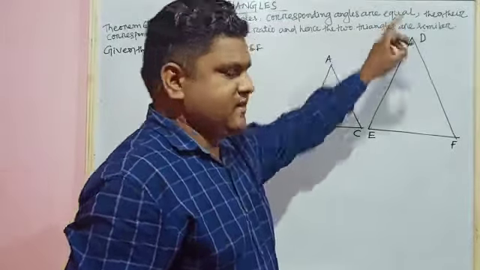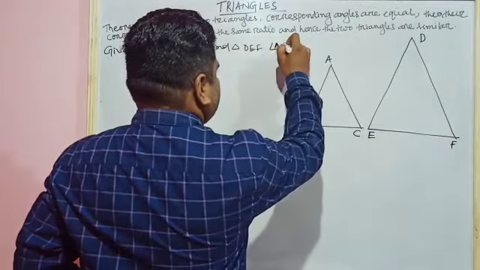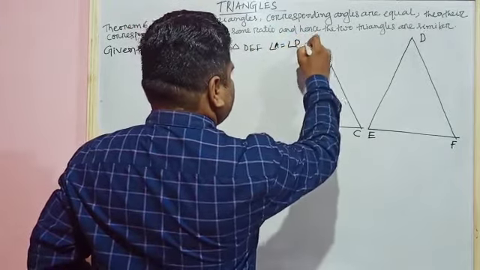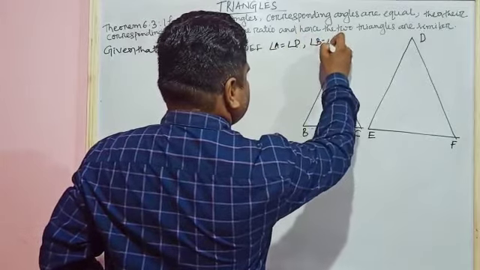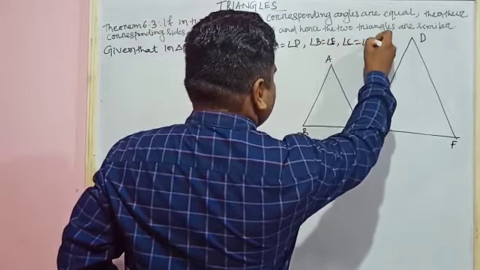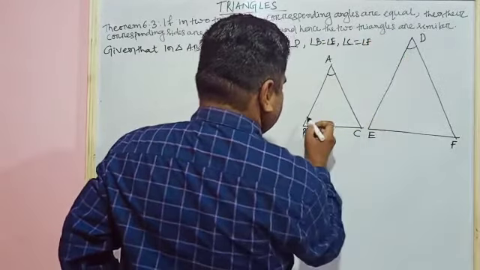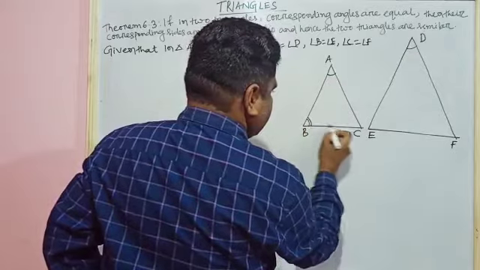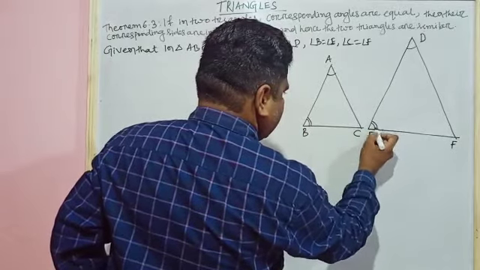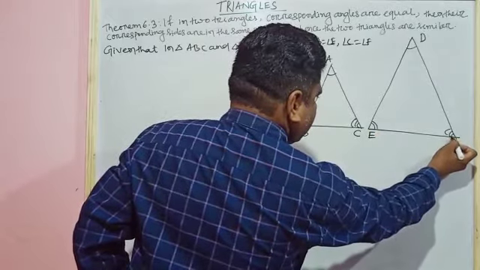It is given. Means angle A is equal to angle D, angle B is equal to angle E, and angle C is equal to angle F.